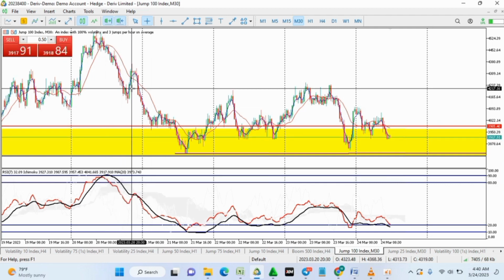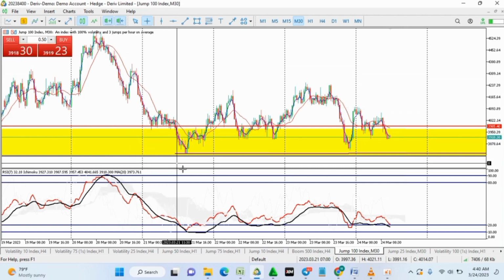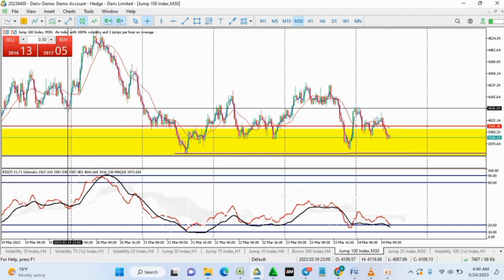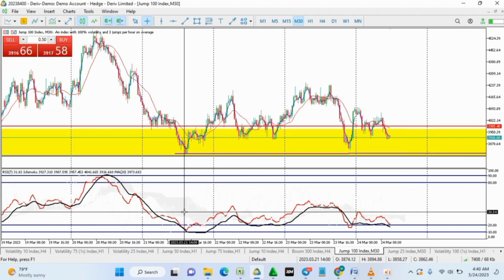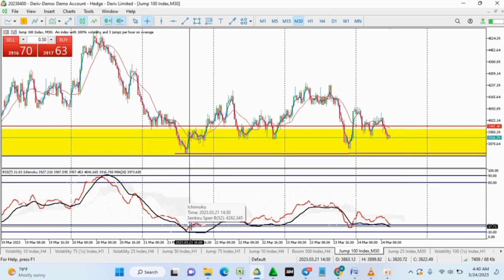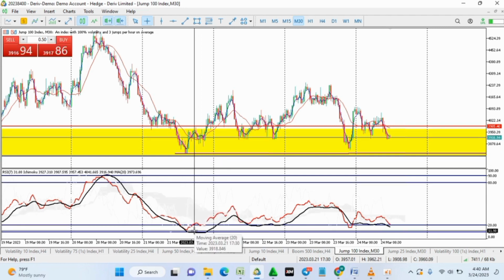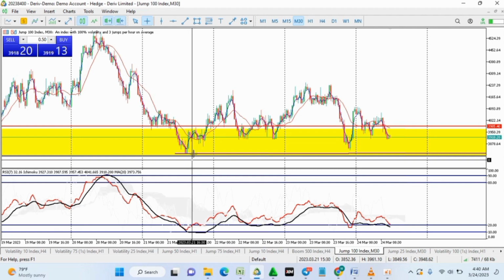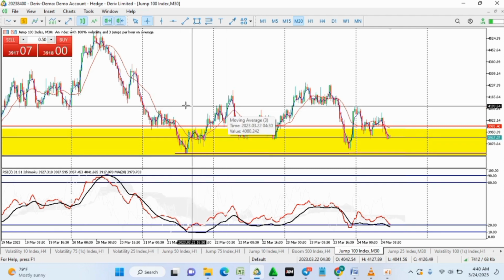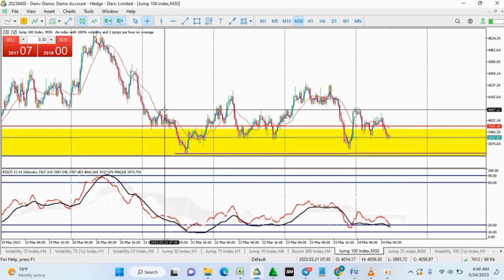Then you could have looked for an entry and you sell up to here, or you target the nearest lows, which is here. Reaching here, you can see there was also a price reversal when the two lines were at the extreme end, so 20 and 10, and price reacted when buyers just came in, and you would have targeted this high right here.